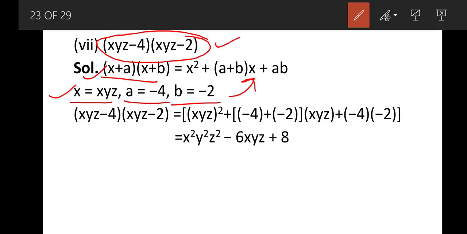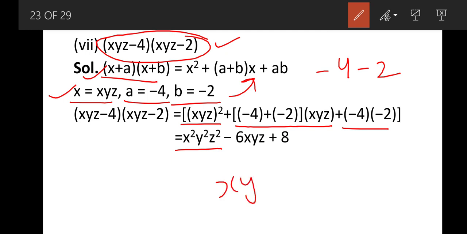So what I have done, it will be (xyz) whole square plus (a plus b, that is minus 4 minus 2) into xyz plus minus 4 into minus 2. So it will be x square y square z square, because if you square xyz, it will be x square, y square and z square.